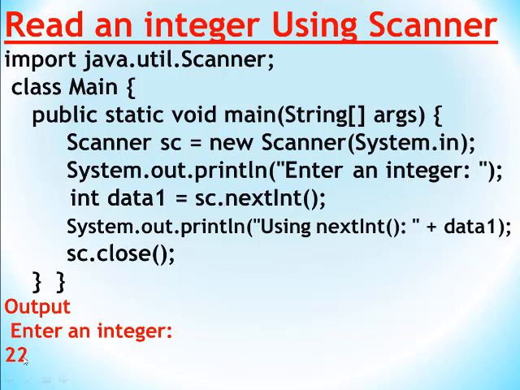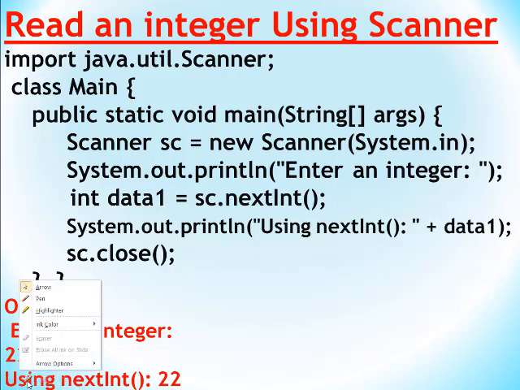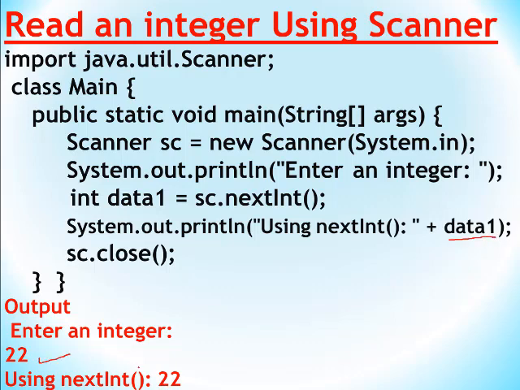So this input is performed by this particular statement sc.nextInt, and in println, this is the message, so it will be displayed as it is. Whatever you write within double quotes is displayed as it is, and then data1, this variable, because you entered 22 here, so that 22 will be displayed here.